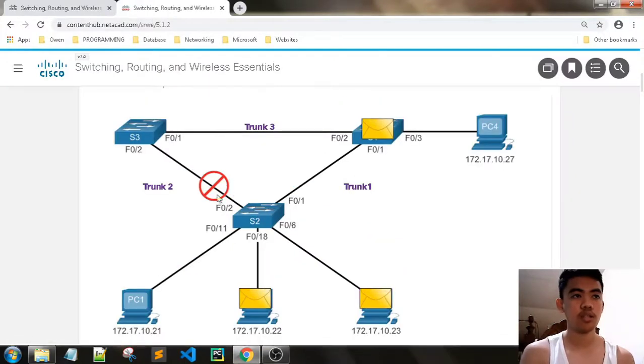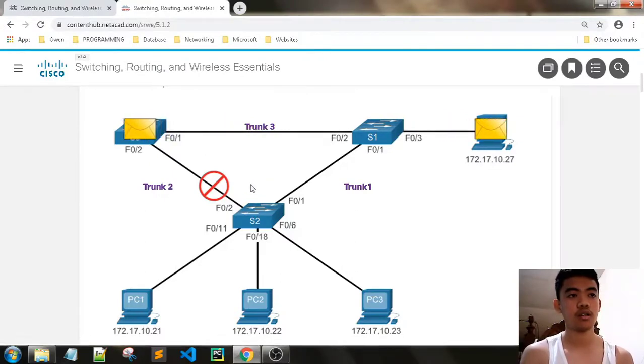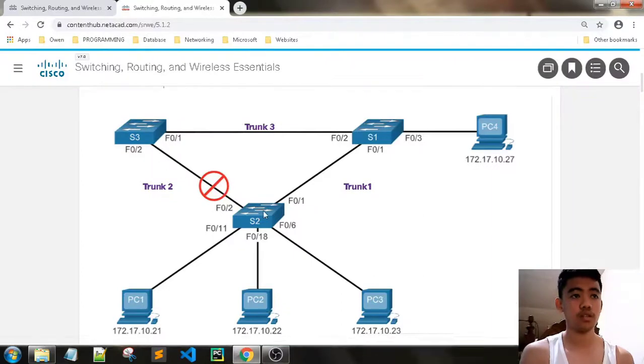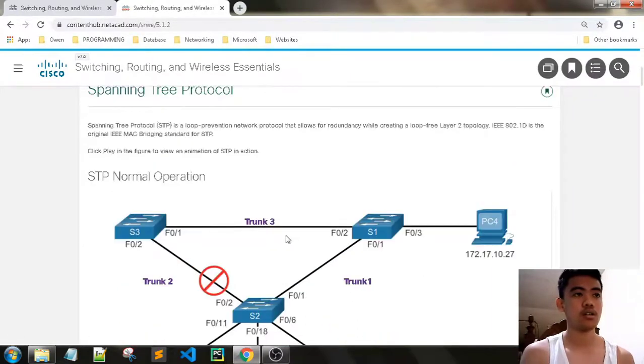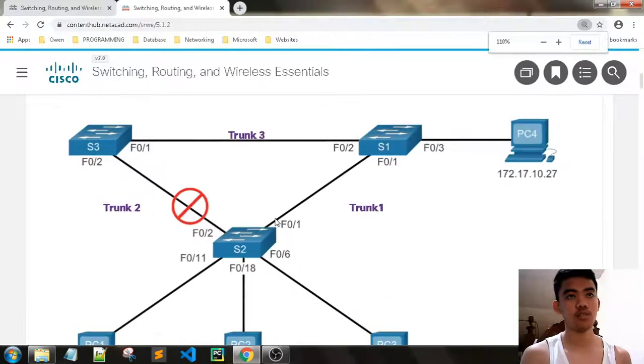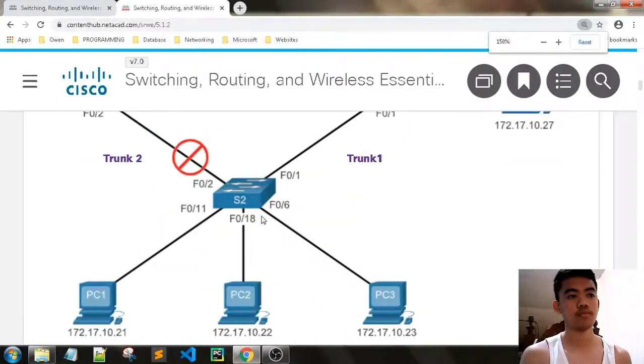STP blocks some of the ports, because if they are not blocked, it will repeat the process. So STP is a loop prevention network protocol. It prevents loops in a network.